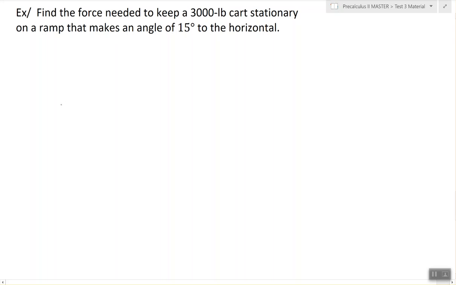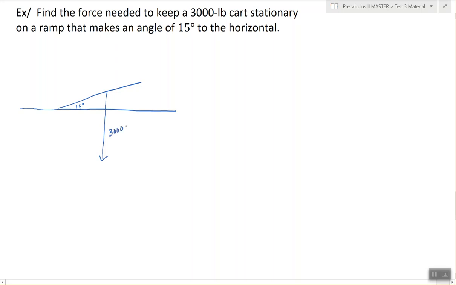We have a ramp here that makes a 15-degree angle to the horizontal ground, we'll say. And we have a cart that is 3,000 pounds. Now the force pulling down on that cart from gravity is that 3,000 pound magnitude.